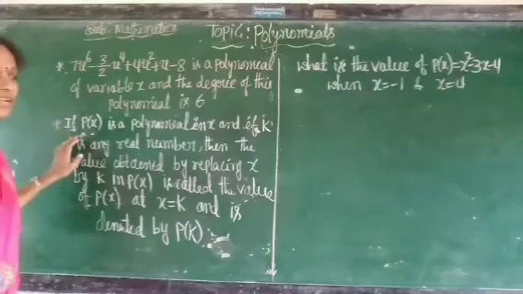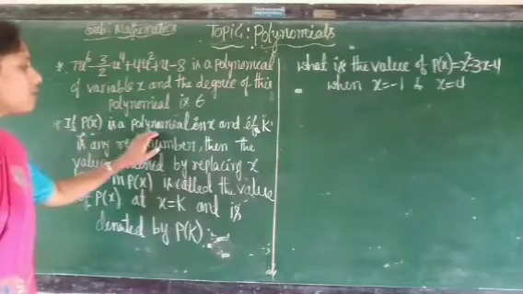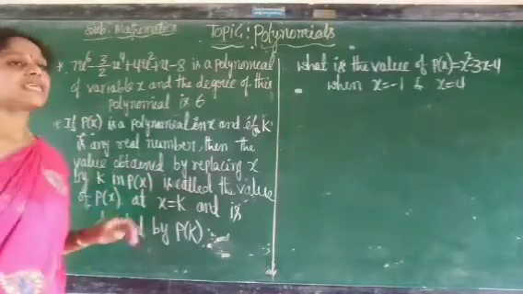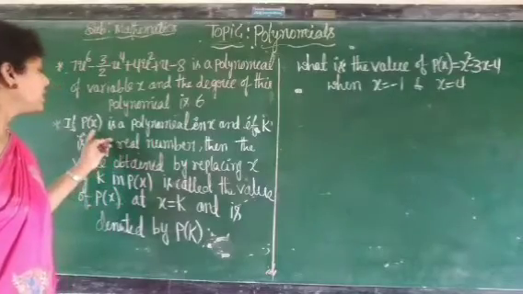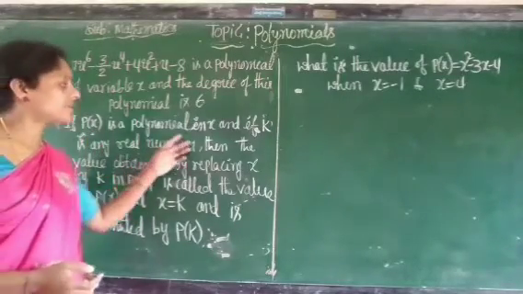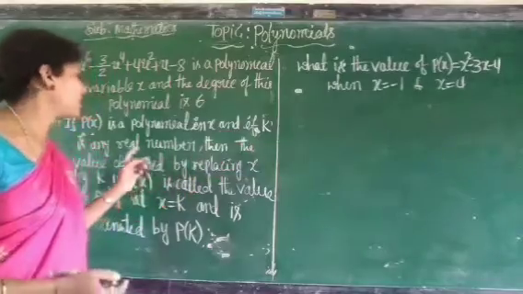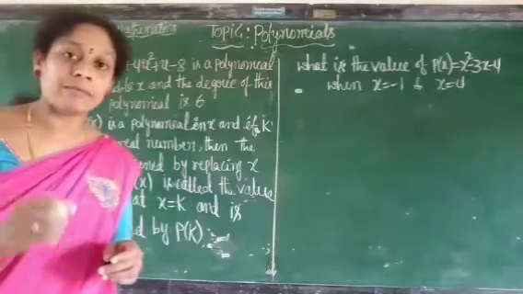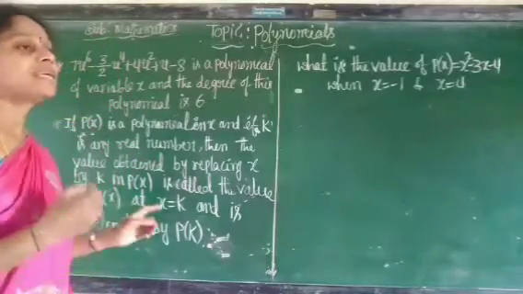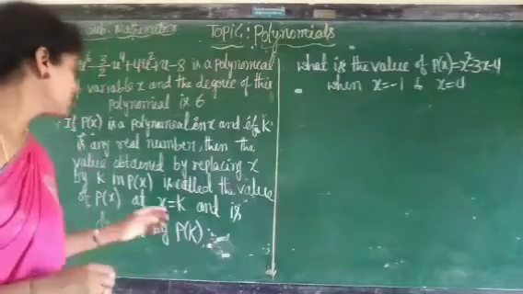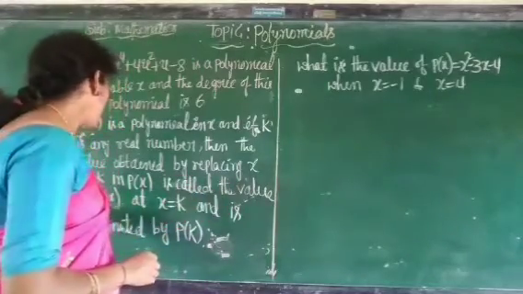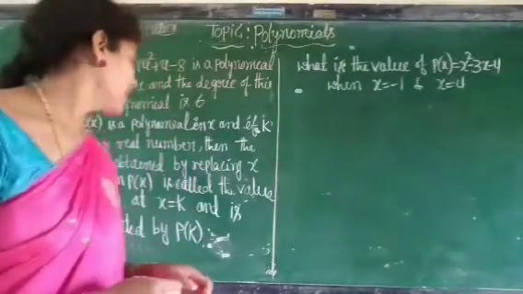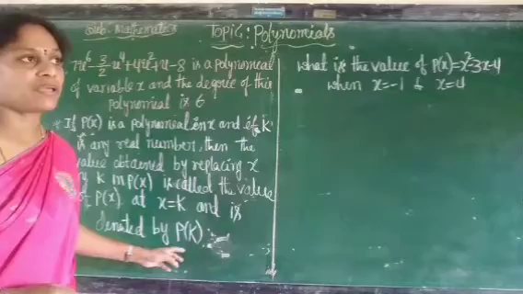Coming to the next point, if p of x is a polynomial in x, and if k is any real number, then the value obtained by replacing x by k in p of x is called the value of p of x at x is equal to k, and is denoted by p of k.